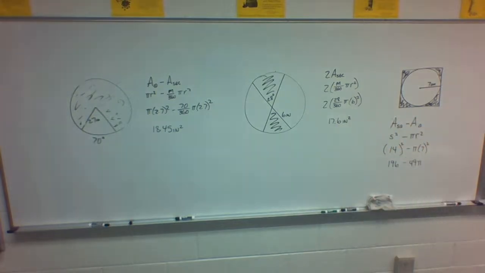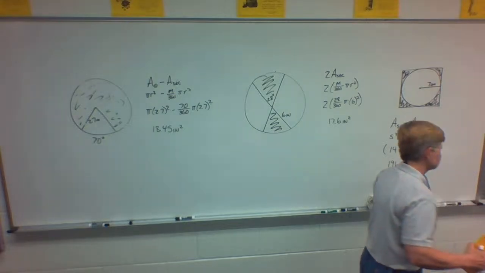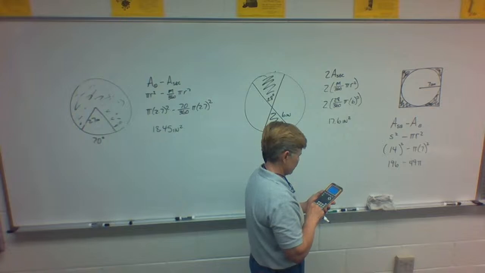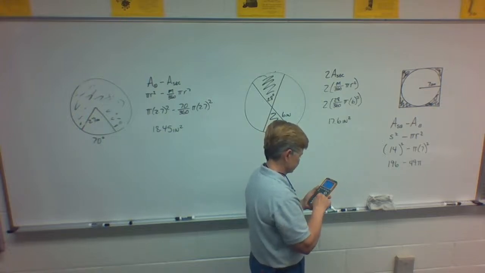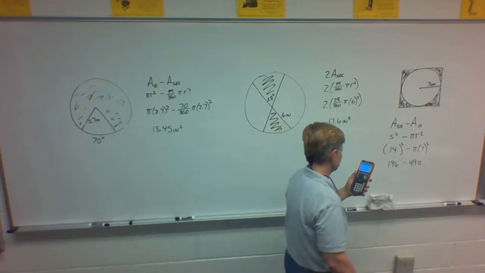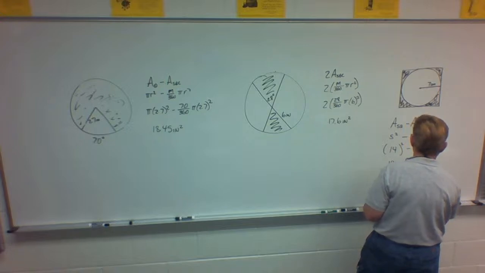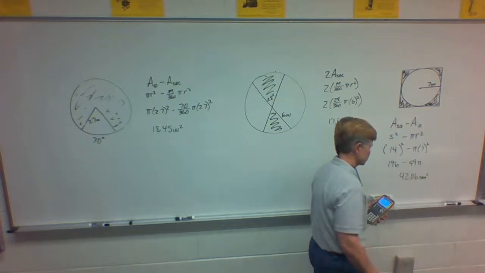We calculate. You don't have to have this step, just calculate from the previous one. That's fine. And I get 42.06, again in square units. This one's centimeters squared.